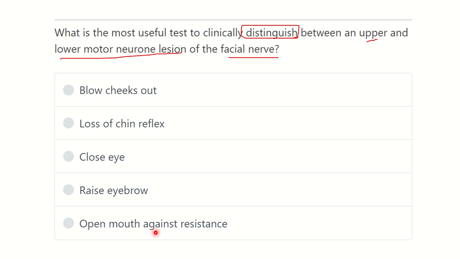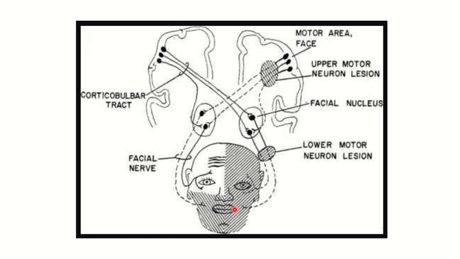So first of all, let's see the upper and lower motor neuron. The upper motor neuron means up to the nucleus of the facial nerve. Here we can see the facial nerve. It arises from the brain, and it has the several nuclei. Up to the nucleus, they are known as the upper motor neuron, and beyond the nucleus of the facial nerve, they will be lower motor neuron.